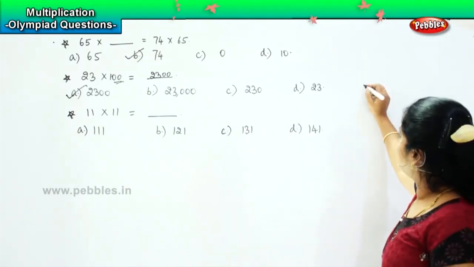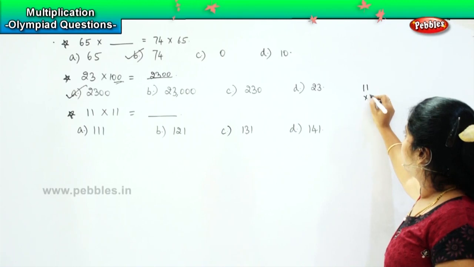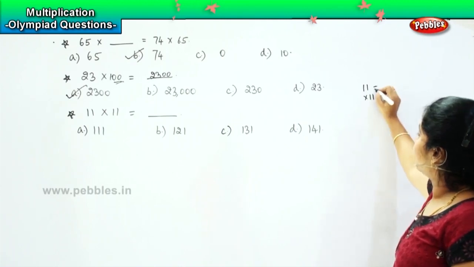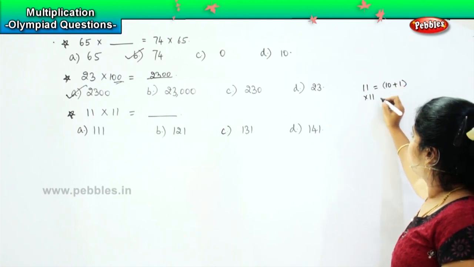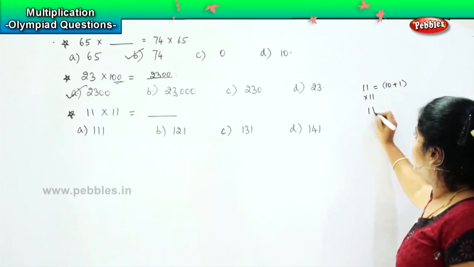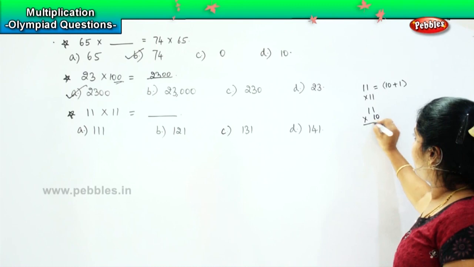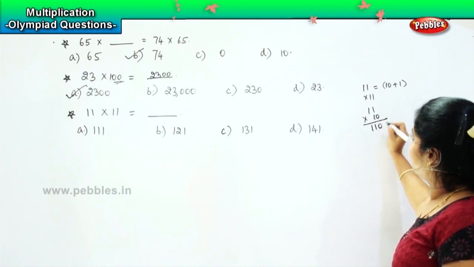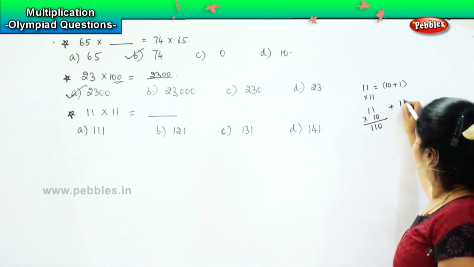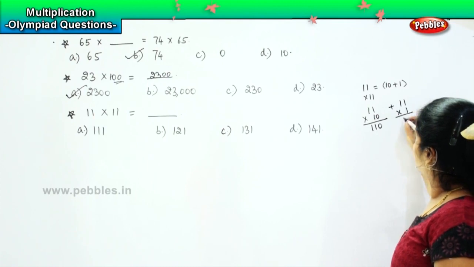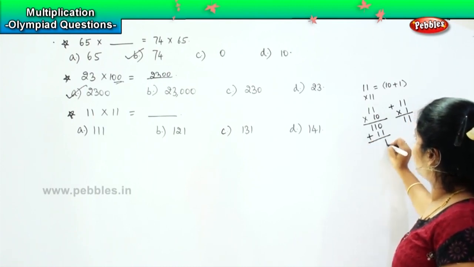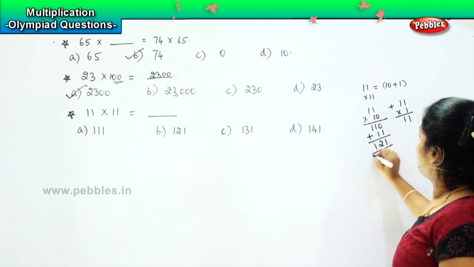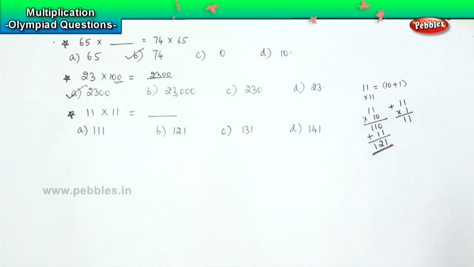So now 11 into 11. We can write 11 as 10 plus 1, right? So 11 into 10, which is 110, plus 11 into 1, which is 11. So 110 plus 11, which works out to 121.